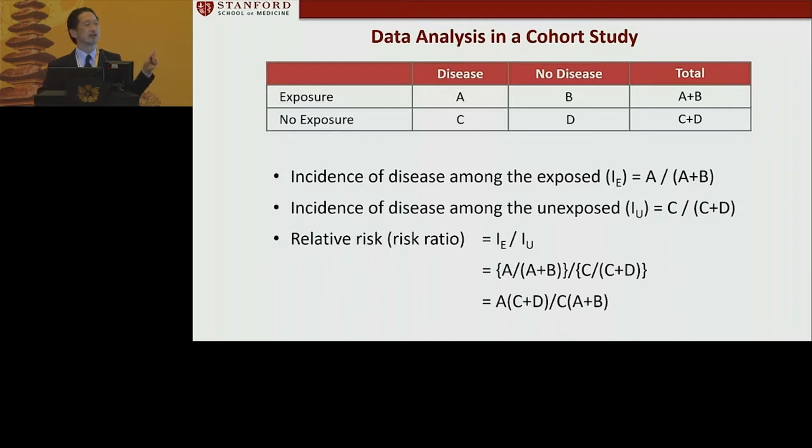Then you can calculate the ratio of those incidence figures, and that is the equation to calculate the relative risk. So at the end of the day, you will be able to say diabetes increases the risk of HCC by so many fold or so many factors.